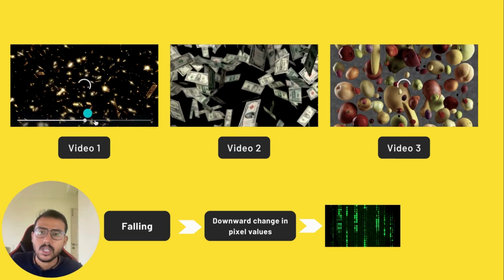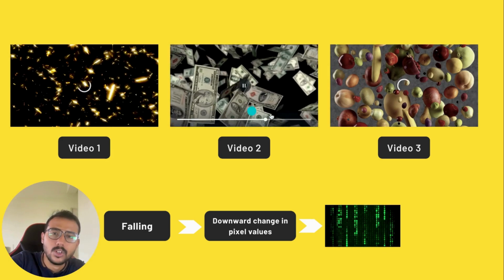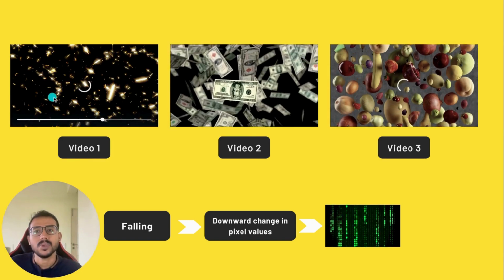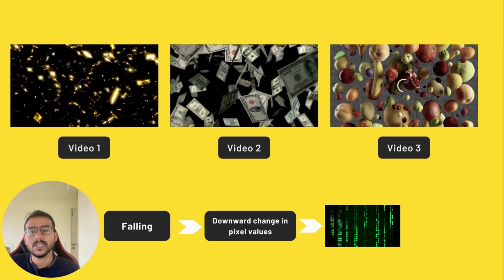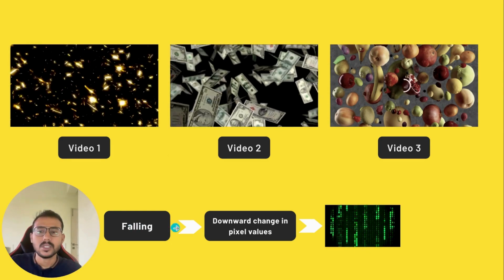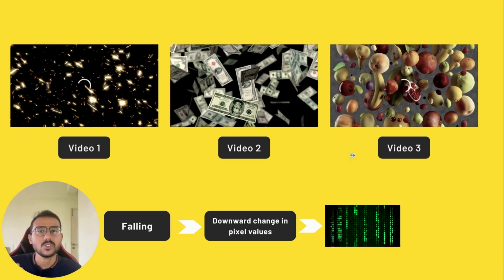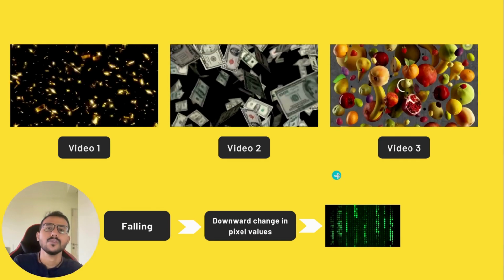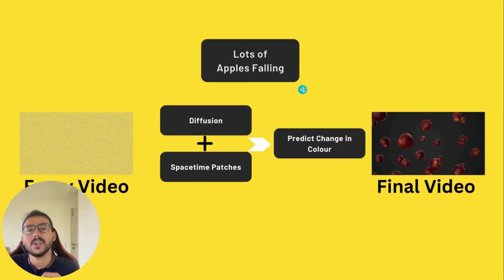Here you can see Sora learned from a lot of videos like paper falling, notes falling, or fruits falling. Based on all these videos, it understood what exactly falling means. Falling just means a downward change in pixel values. And based on that, it understood that this is how it has to change the pixels whenever somebody writes the input prompt as falling, like lots of apples falling.